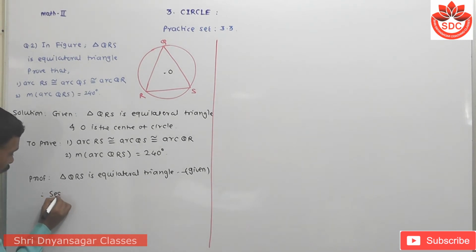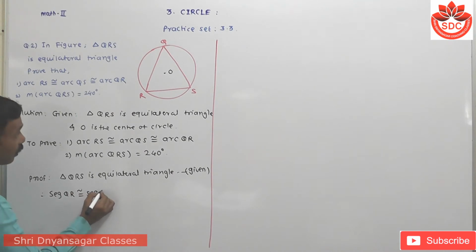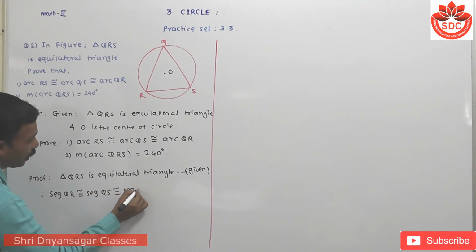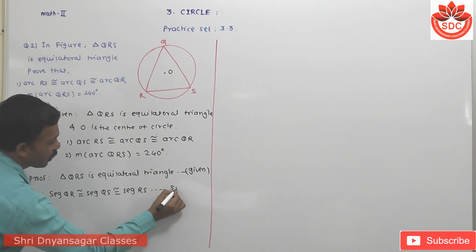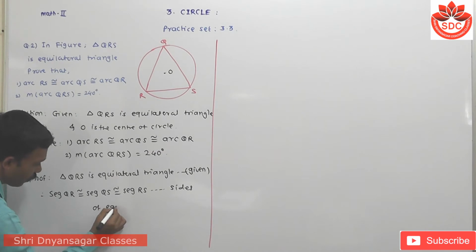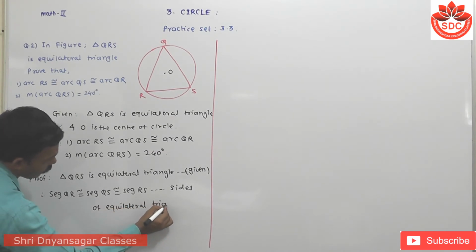Means segment QR is congruent with segment QS is congruent with segment RS, because sides of an equilateral triangle are equal.